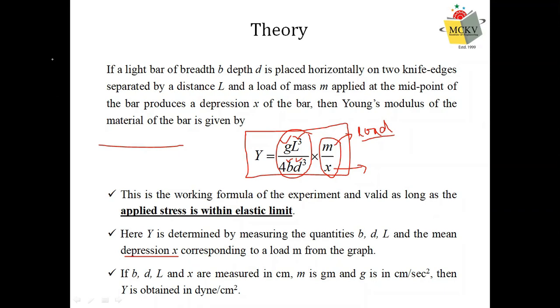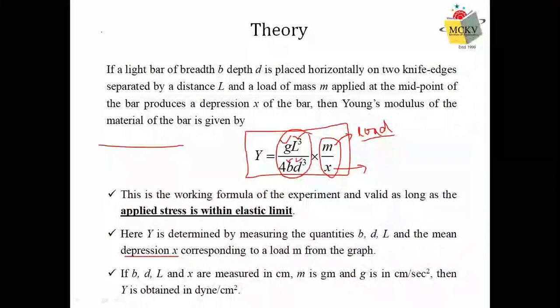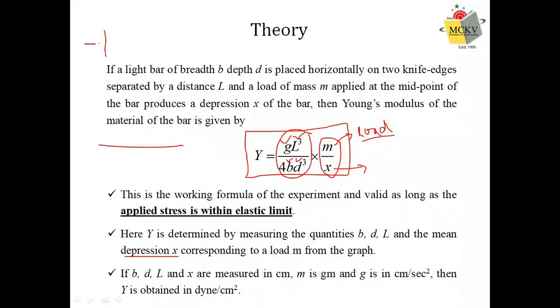So there is a stirrup on the bar with a pointer, and if you look through the traveling microscope, you will observe a cross wire, and you will have an inverted image of the pointer. Make sure every time you take the reading, the tip of the pointer must touch the horizontal line.